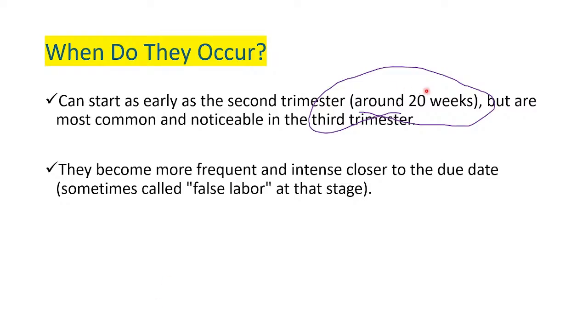But they are most common and noticeable in the third trimester, when they are most prominent. They become more frequent and intense closer to the due date, sometimes called forced labor at that stage. Most people panic during this period, thinking that they are going to have a miscarriage or they are already in labor.